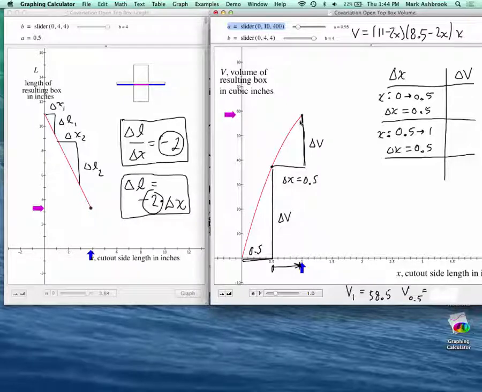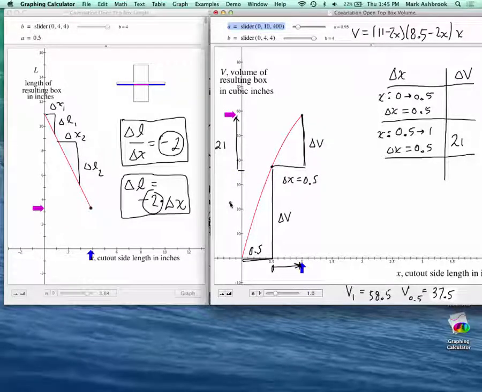That arrow is showing me the current value of V. Okay, what was my other one? 37.5. Remember correctly? Okay, change in volume. From 37.5 up to 58.5 is a change in volume of 21.